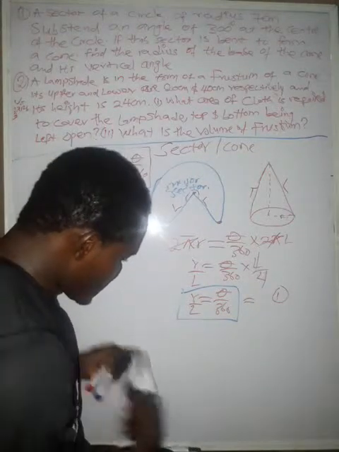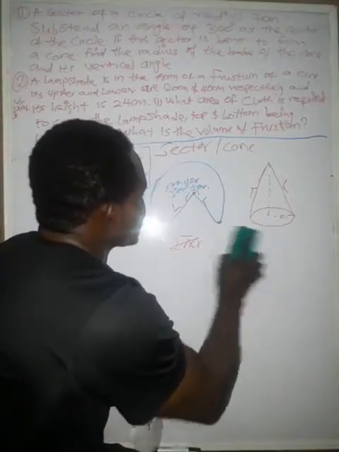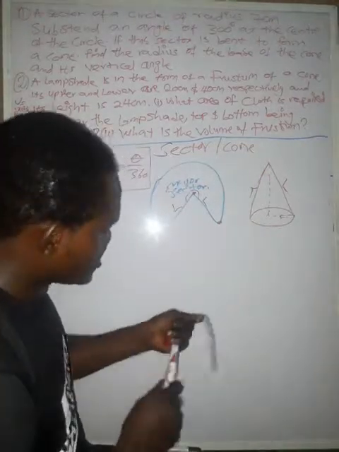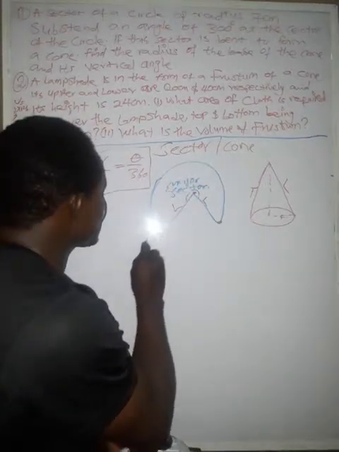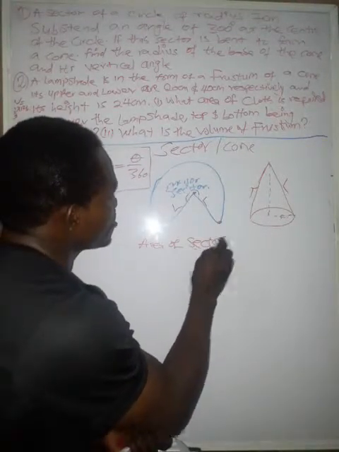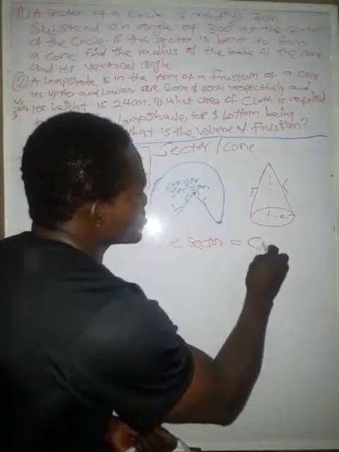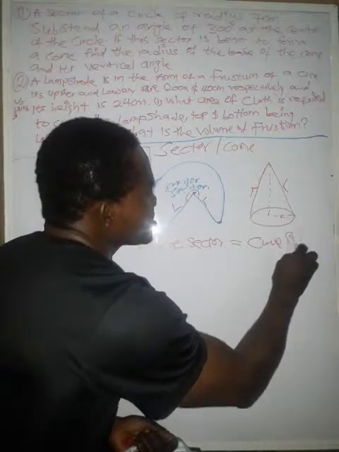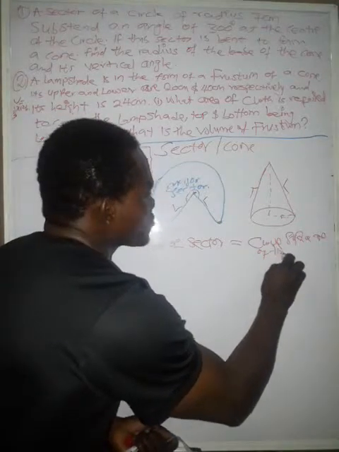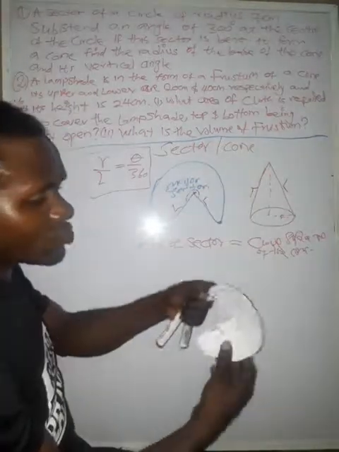Then to calculate the area, another relationship between a sector and a cone is this: the area of the sector is equal to the curved surface area of the cone.